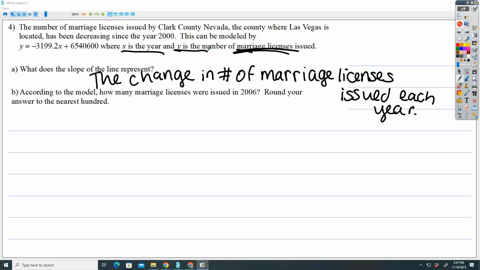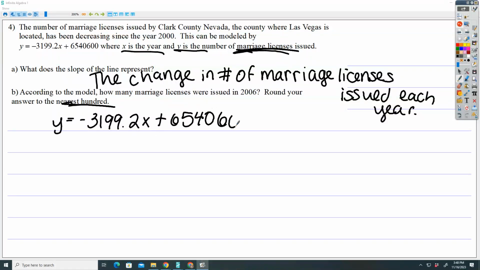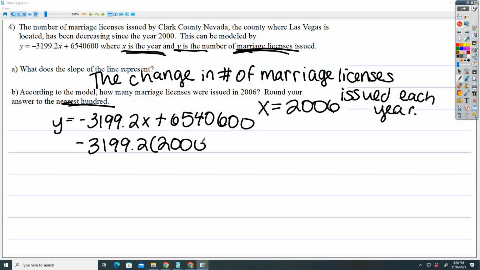Okay, part B. According to the model, how many marriage licenses were issued in 2006? Round your answer to the nearest hundred. So pay attention to that. We're going to use this formula, and notice x is the year. They give us the year, 2006, so I plug 2006 in for x.